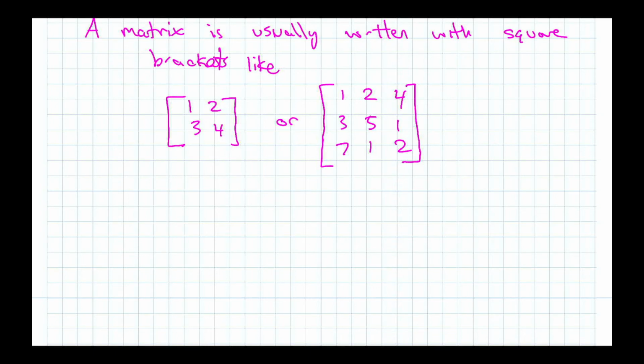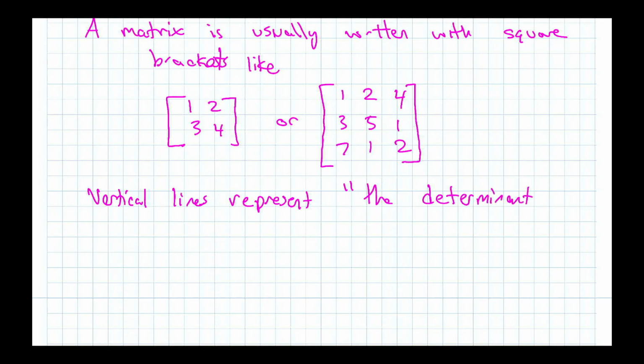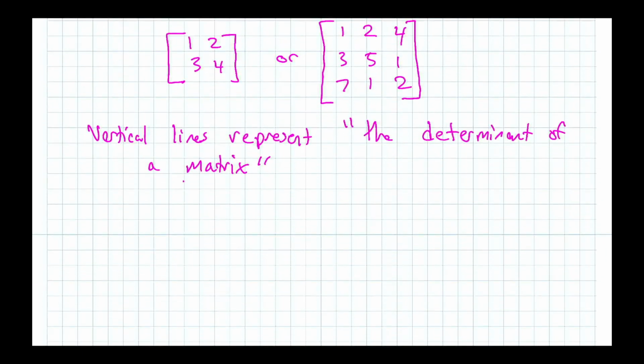If you use vertical lines, that indicates the determinant of a matrix, not the matrix itself. Vertical lines represent the determinant of a matrix. So like this, 1, 2, 3, 4, or on the other one, 1, 3, 7, 2, 5, 1, 4, 1, 2.